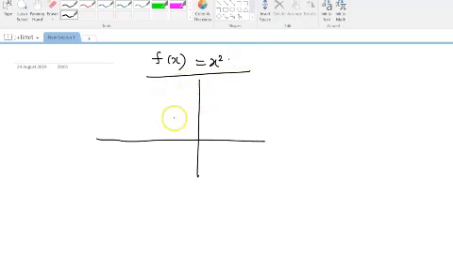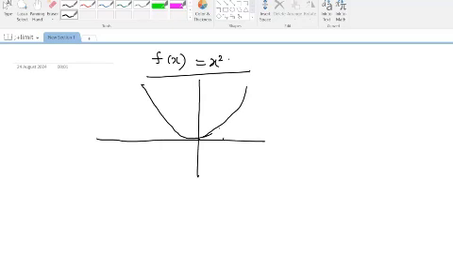Okay, at x is equal to 0, this is 0. At x is equal to 1, it is 1. At x is equal to minus 1, it is 1. So this is how the graph should be drawn. Now let's see the value of this function.